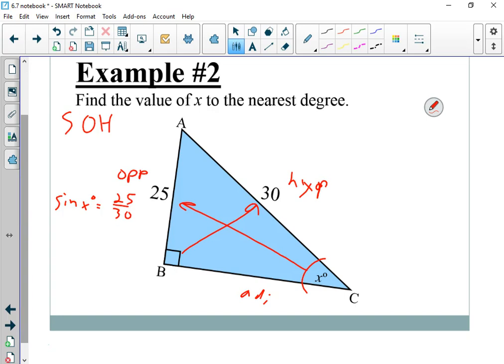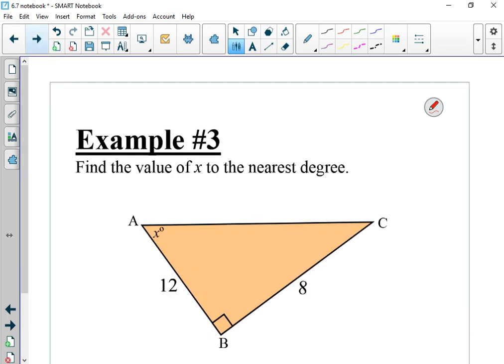Again, I don't know the angle, so I'm going to do inverse sine, and just type in 25 divided by 30 on my calculator. And it's 56.44 degrees, so I'm going to just round it down to 56 degrees. Okay, 56.5 degrees would be closer to accurate, but we're only rounding to whole numbers right here.